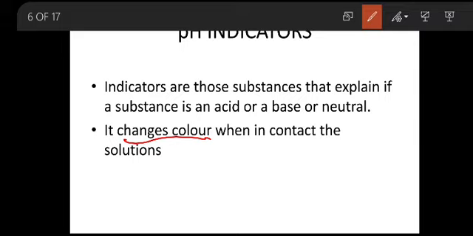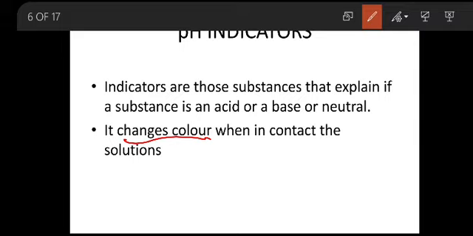Your soaps are base in nature. Yes, no, children? Because of its pH. Because its pH is equal to 8, greater than 7. So the pH greater than 7 means bases. So soaps are bases in nature. That is why when you added turmeric powder to the soap, it showed some changes.